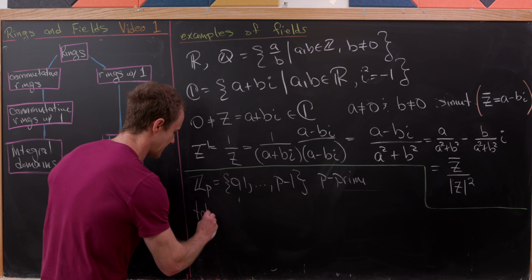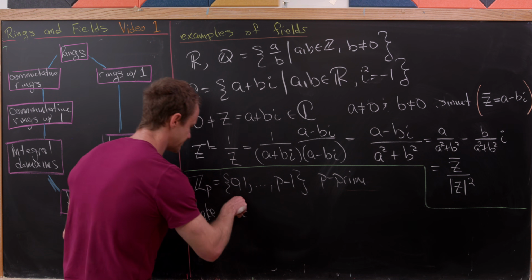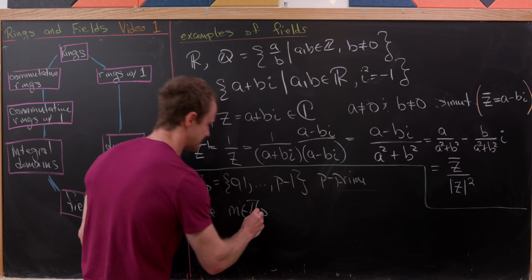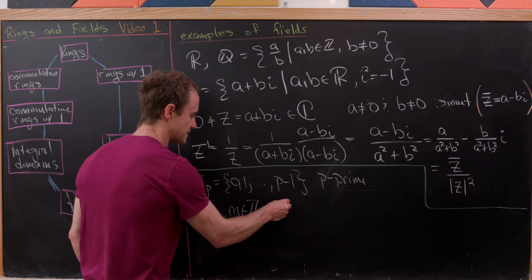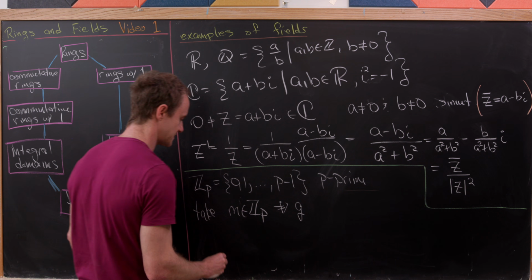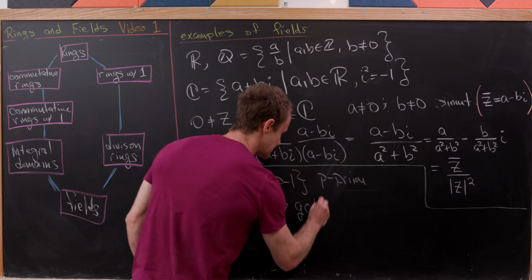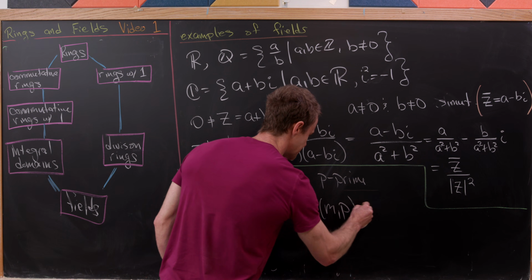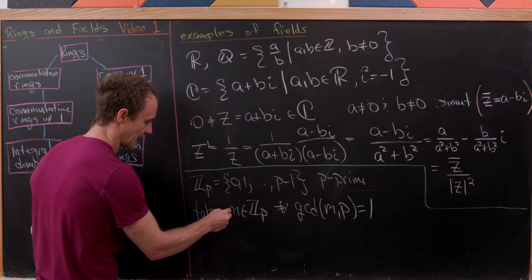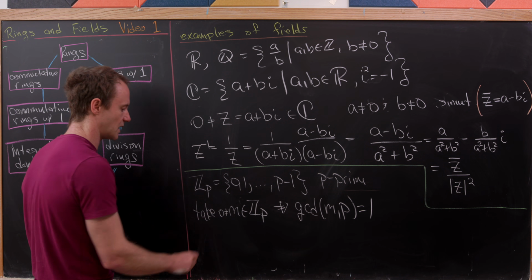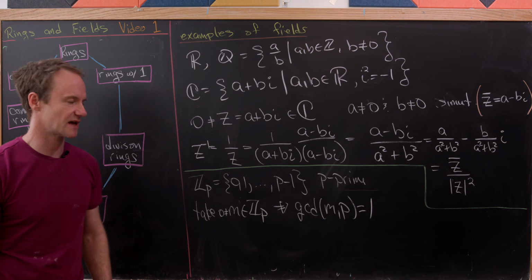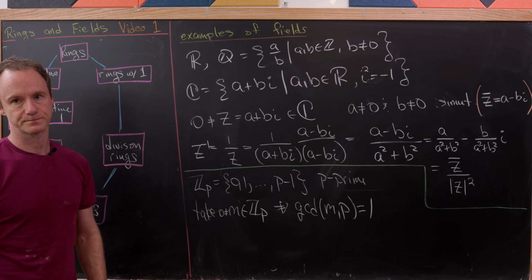Let's take an m inside of Z_p. And I should say that this m is non-zero. We want non-zero things to have inverses.